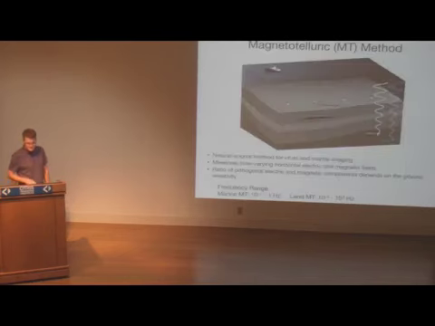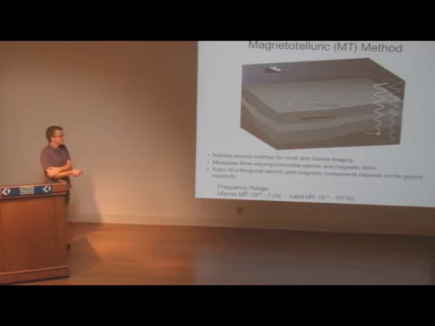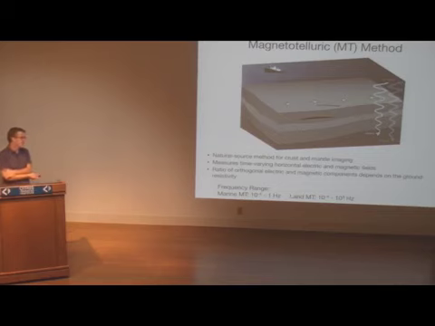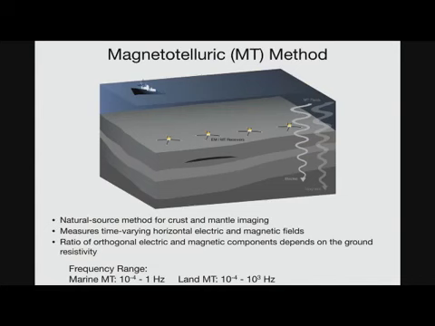So that's basically the basis of what's known as the magnetotelluric method, which I already mentioned a little bit, where we've got these plane EM waves diffusing down into the ground. It's a low frequency technique. We tend to measure the fields at very low frequencies down to about 1/10 of a millihertz or so. In the ocean, we can measure up to about 1 hertz or so. On land, you can get much higher frequencies, up to around a kilohertz or so.